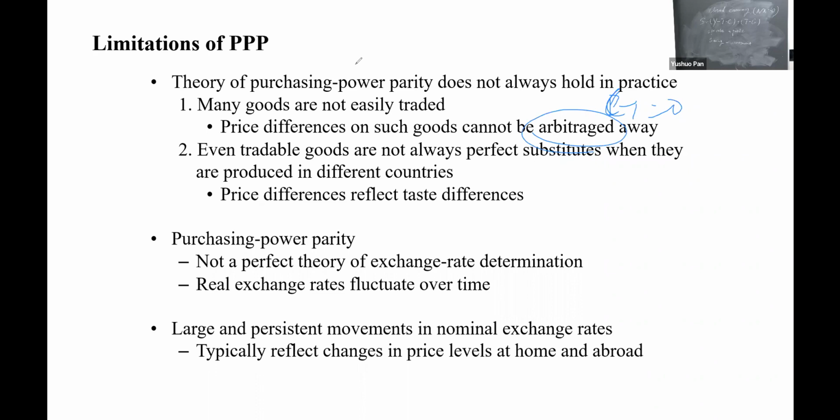Another reason is that even tradable goods are not always perfect substitutes when they are produced in different countries, because price differences reflect taste differences. Just for example, Americans like big cars, and Japanese like small cars.